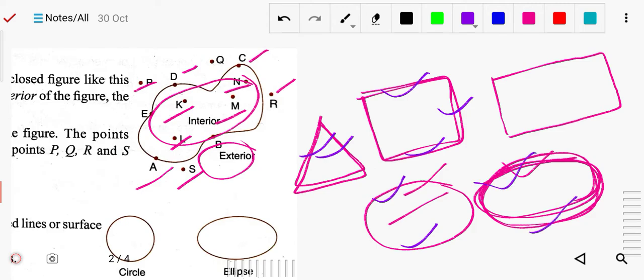This is the curvilinear and this is the linear boundary, and both are closed shapes. Circle and ellipse are examples of curvilinear boundaries. And a boundary containing only line segments, whose boundaries are straight lines, for example triangle, square, rectangle, are examples of linear boundaries.